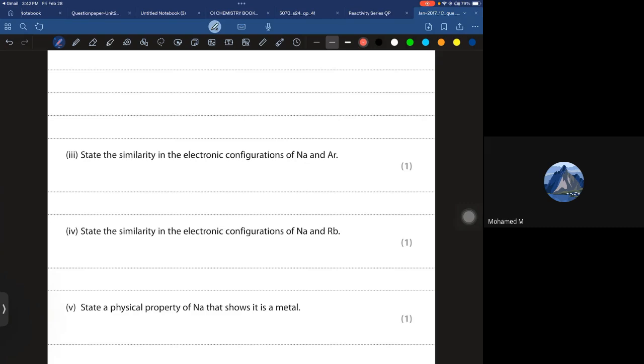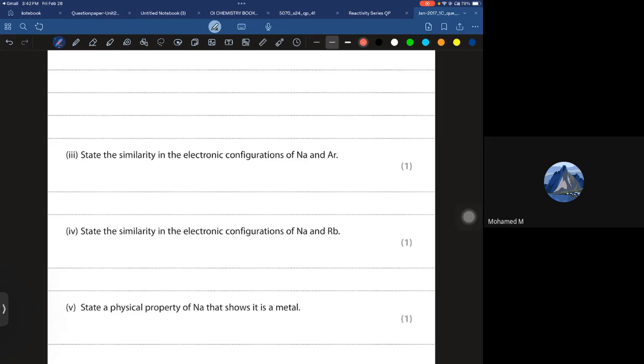So state a physical property of sodium that shows it's a metal. It's shiny on the outside, or shiny on the inside. I mean, or soft. Sodium is soft, but that's not a property of a metal. It's shiny.